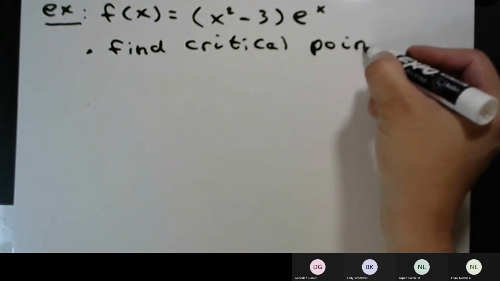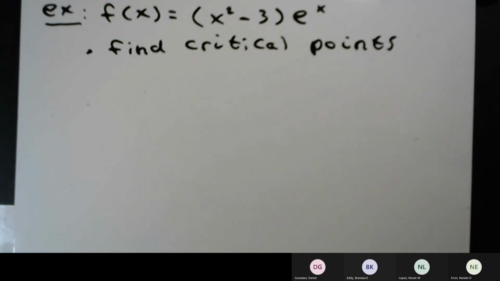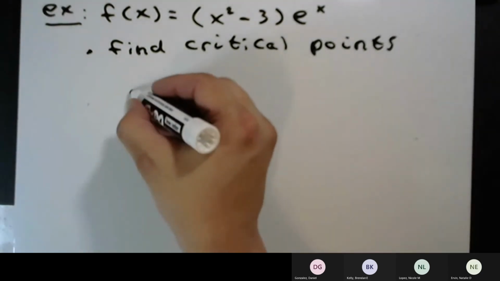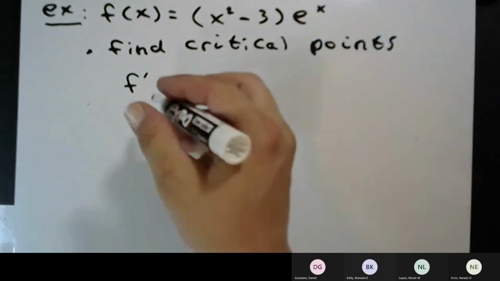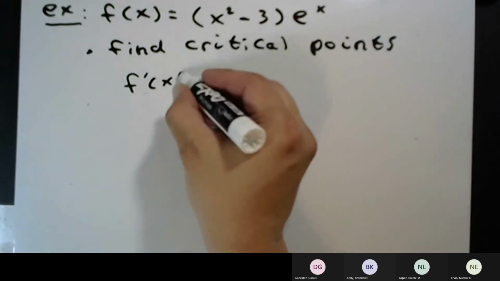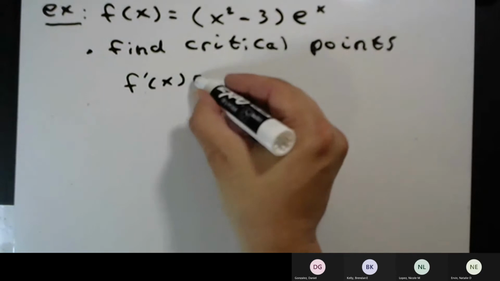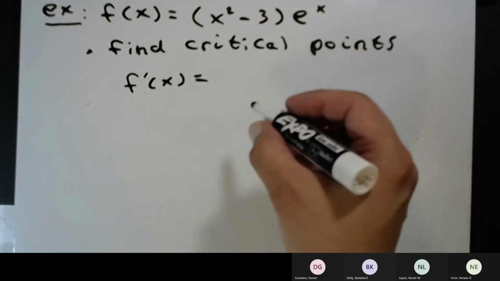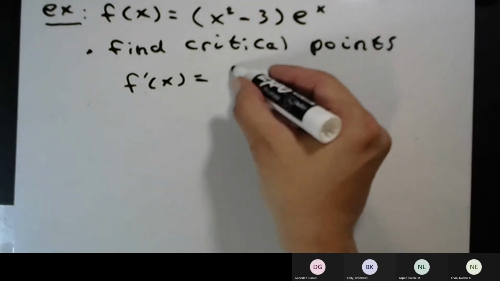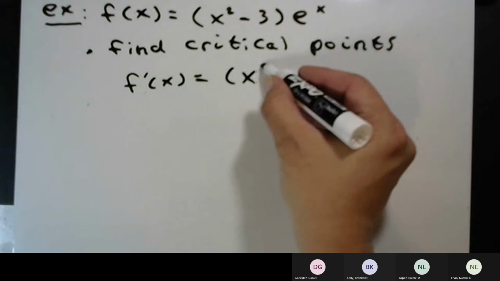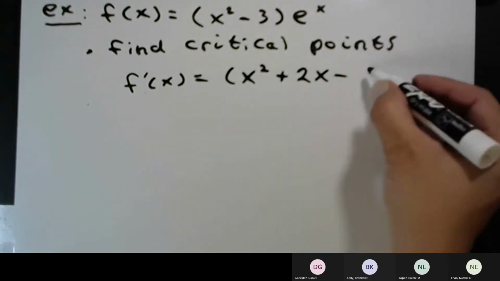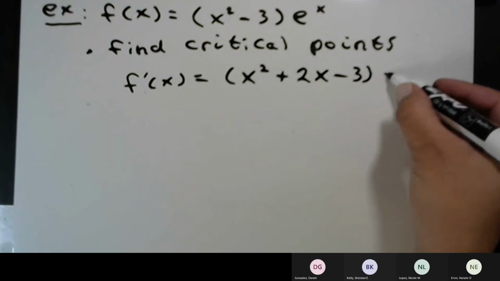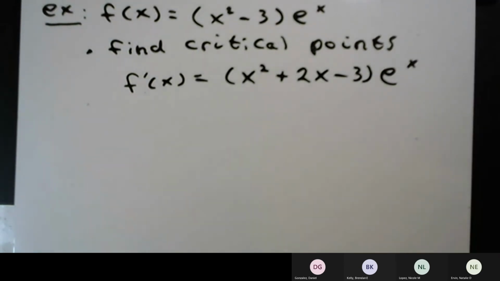So this is something we looked at last time. We need to calculate f prime of x. And we've got a function times a function. We would use the product rule. And just for the sake of time, I'll just put the result here. But what we're ultimately going to get is x squared plus 2x minus 3 times e to the x.